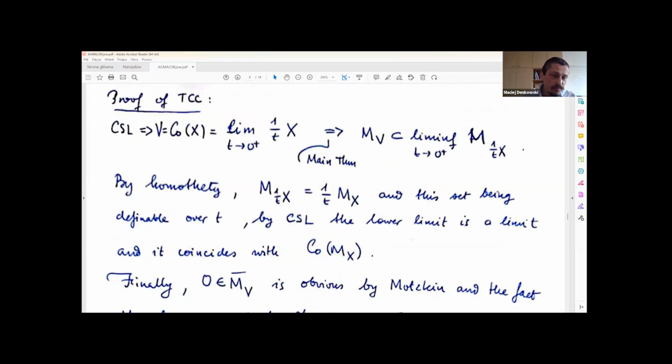And the proof. By the curve selecting lemma, we know that the tangent cone is the limit of these kinds of dilations.